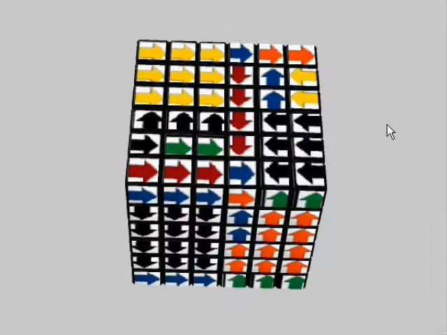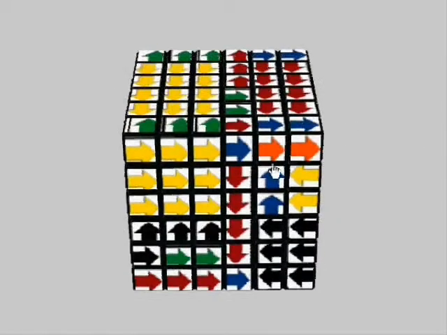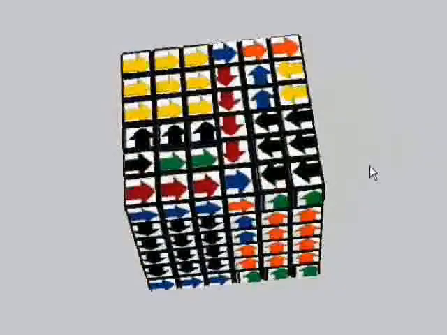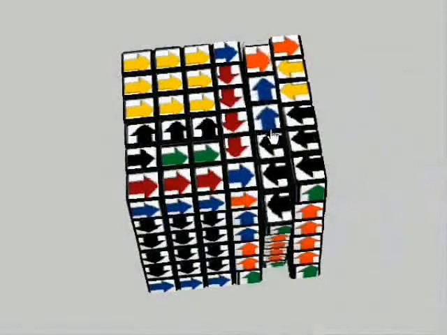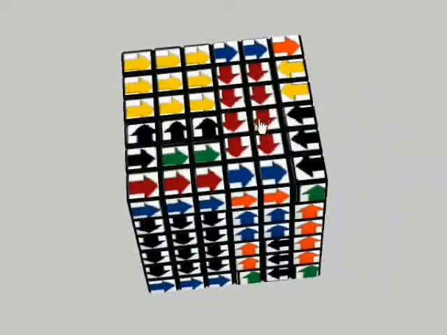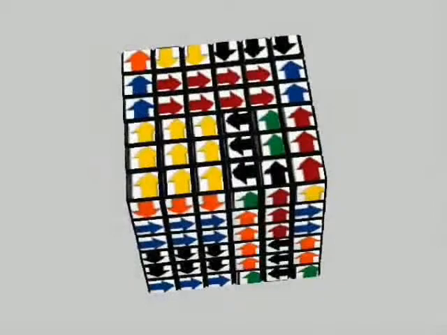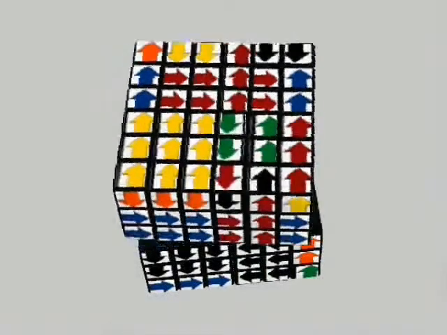So from this point, this is the top of the cube, so I'm moving 2R prime down to insert a red here. Now what I'm going to do is execute 3B prime, 3R prime, and 3B.